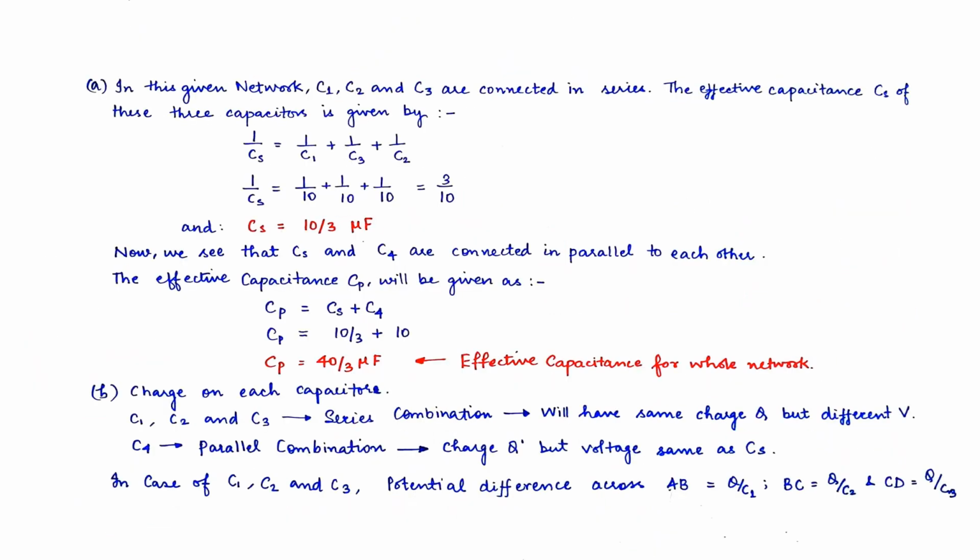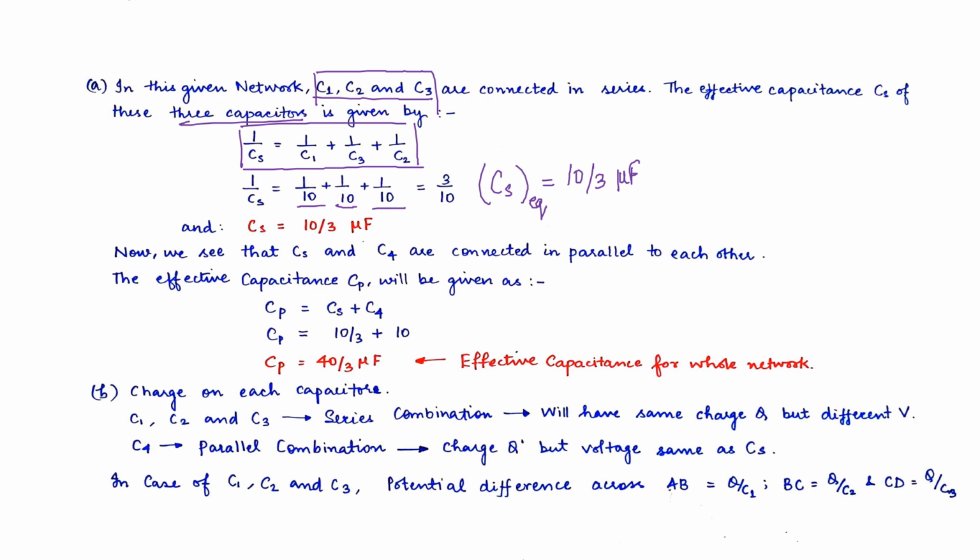Now in this given network, C1, C2, C3 are connected in series. The effective capacitance of these three capacitors will be given by 1 upon Cs equals 1 upon C1 plus 1 upon C2 plus 1 upon C3. We will apply the values over here, and we will find that for these serially arranged capacitors, the equivalent capacitance comes to 10 by 3 microfarad.